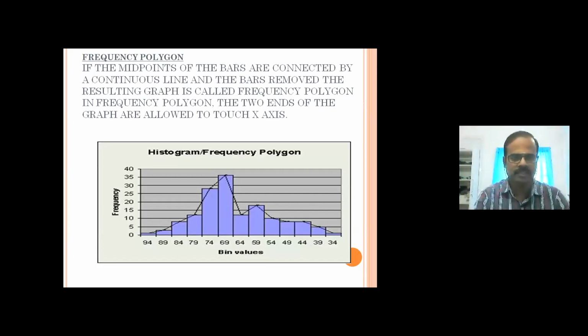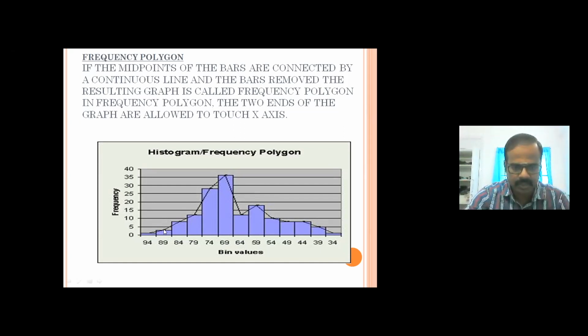data presentation method, which is called a frequency polygon. But for drawing a frequency polygon, you need a histogram. If you note the midpoints of the bars carefully, they have marked the midpoints of all the bars, connected all the lines, and then removed the bars. When you remove the bars, you will get a diagram called a frequency polygon, where the two ends of the graph are allowed to touch the x-axis.